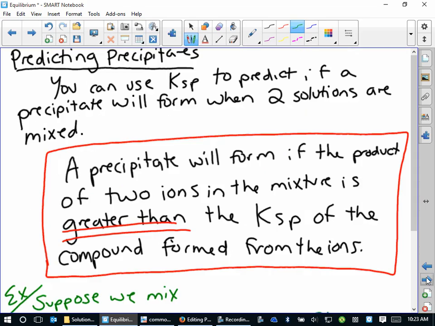Okay. Now, how we can predict the precipitate. You can use those Ksp values, so you have a data table in your booklet, to predict if a precipitate will form when 2 solutions are mixed.